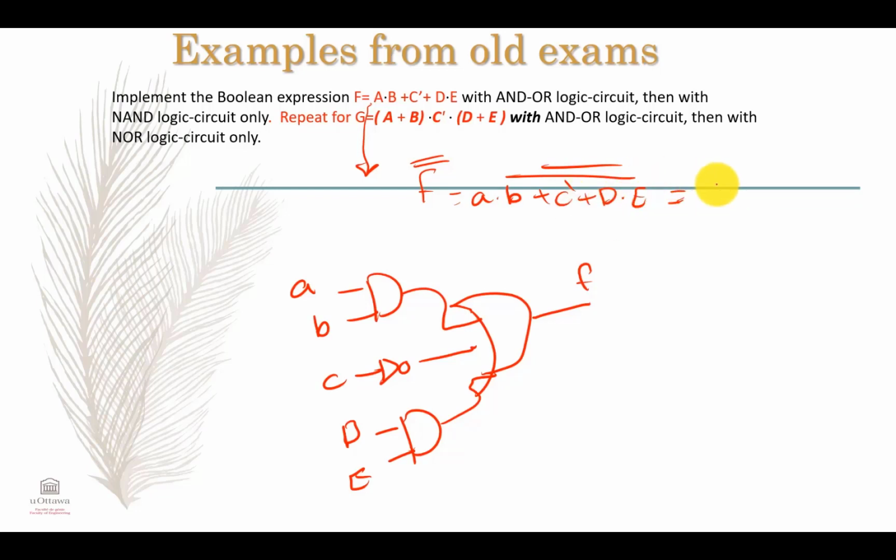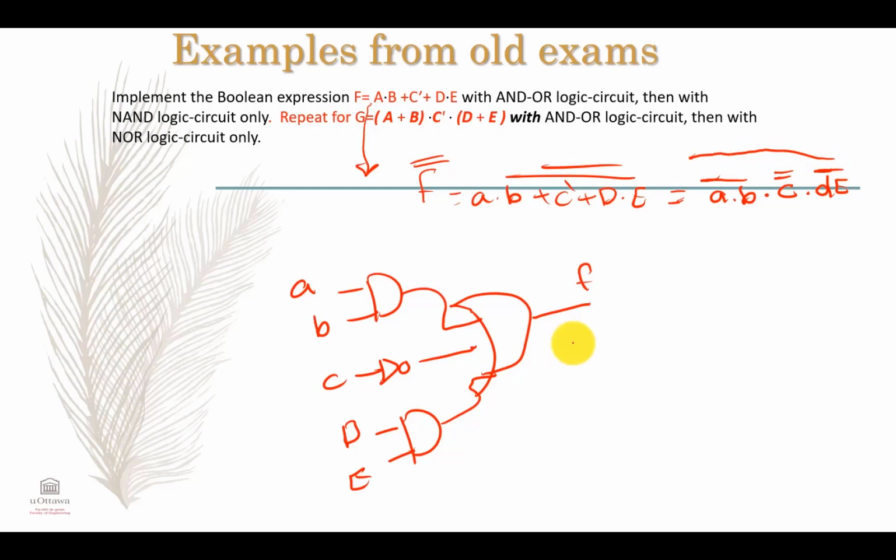If I take the complement of each term, I will have A, B both primed, then this will become an AND because I brought that prime, and then I have C double prime, then again D, E prime, and I have all of that expression primed.